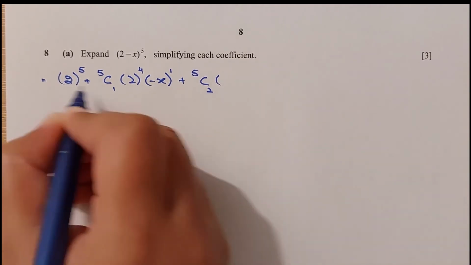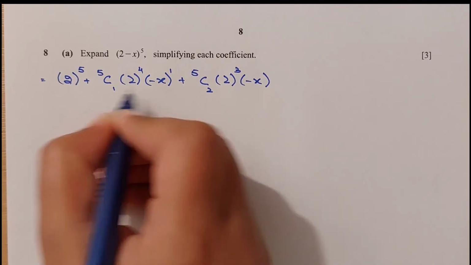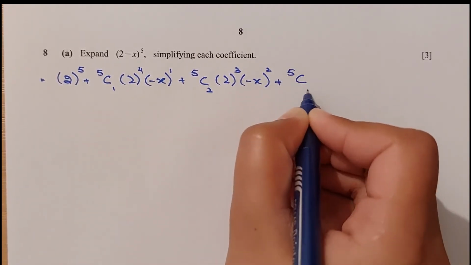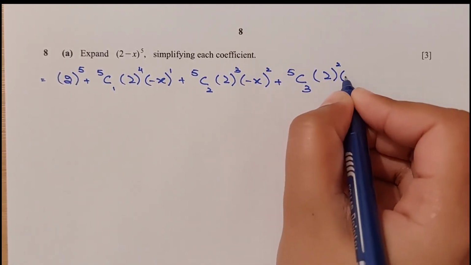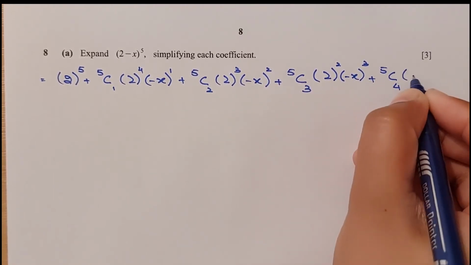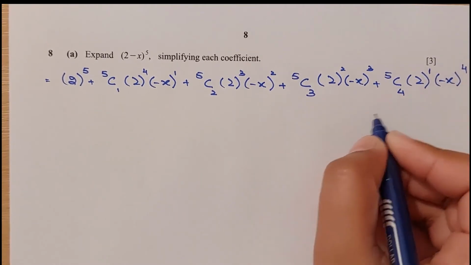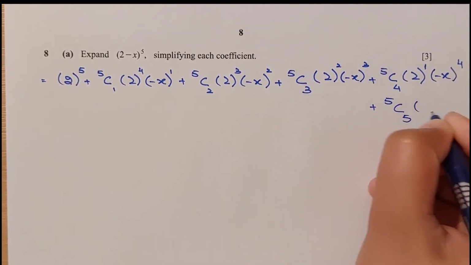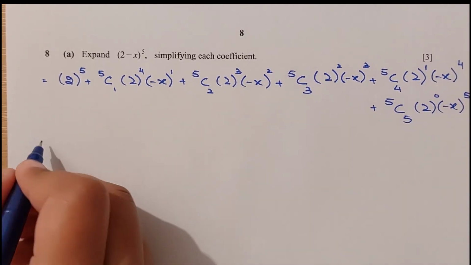First term exponent is 3 and the second term exponent is 2, plus 5c3. First term exponent is 2 and second term exponent is 3, plus 5c4. First term exponent is 1 and the second term exponent is 4, and the last term is plus 5c5. First term exponent is 0 and the second term exponent is 5.